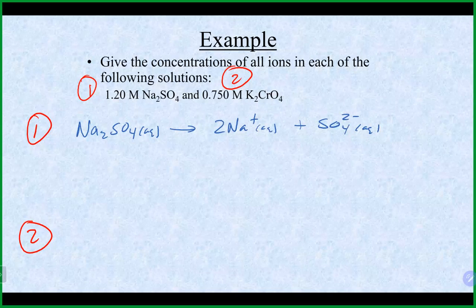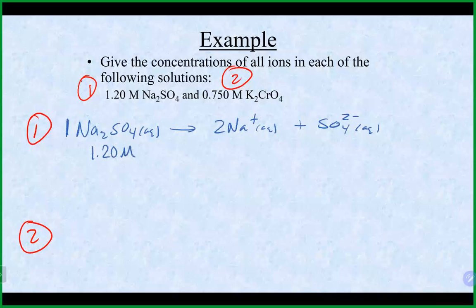So the way that concentration works, as we talked about last time, is if the concentration of this whole thing is 1.2 molar, you could take it like stoichiometry, that this is a 1-to-2 relationship in terms of the sodium ions. And basically you can multiply the concentration by 2 because of that. And 2 times 1.20 molar would say the concentration of the sodium ions in that solution is 2.4 molar.